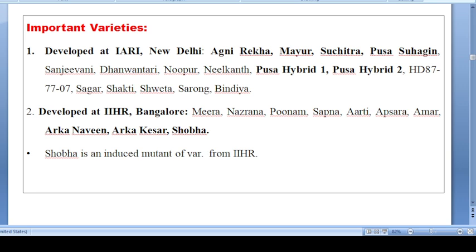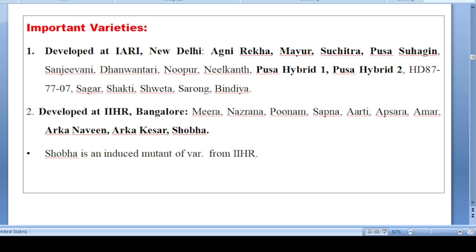So after seeing all these varieties, we can also have a look at the varieties developed by major institutions, that is IARI and IIHR. IARI has developed a lot of varieties like Agni Rekha, Mayur, Suchitra, Pusa Sugandhi. Sugandhi is a variety of tuberose.